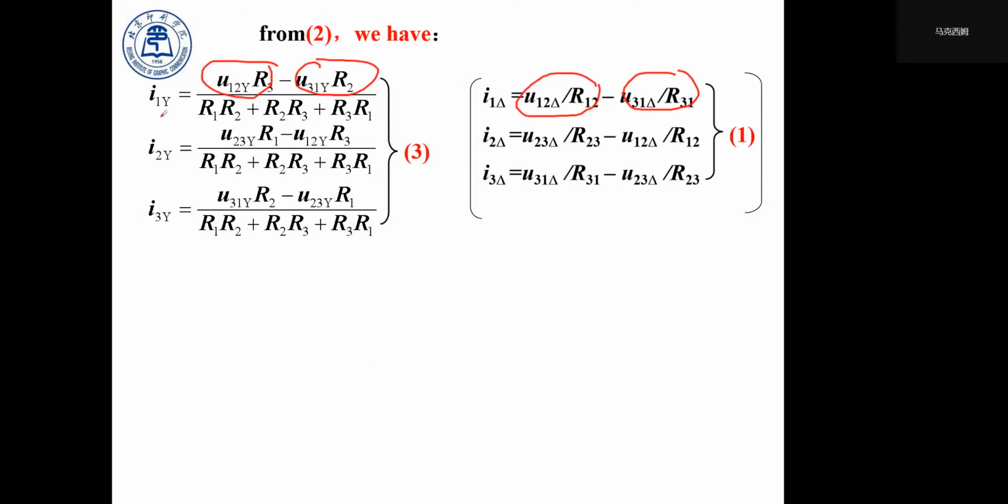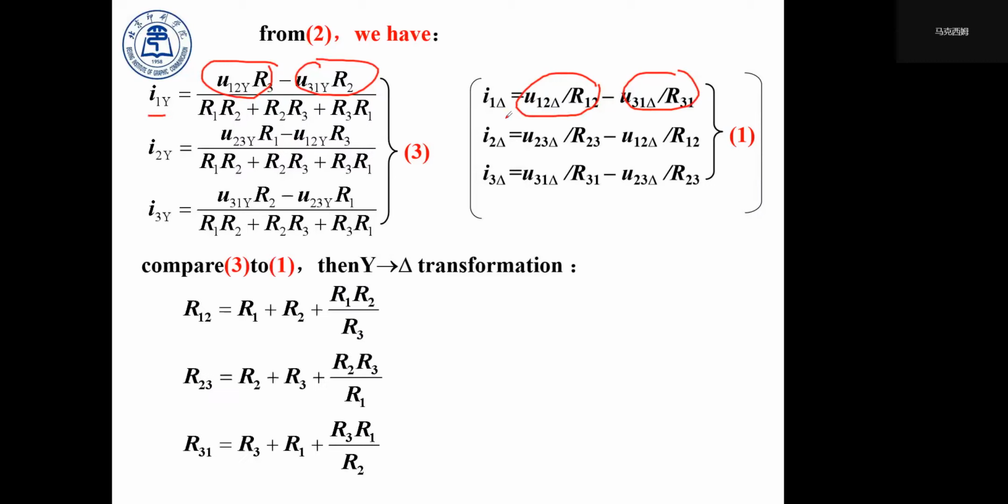This one describes the relationship between the terminal current and the voltage in the Y-shaped network. And the first one describes the relationship between the voltage and the current in the delta-shaped network. That's it. So we can compare equation set 3 to equation set 1.